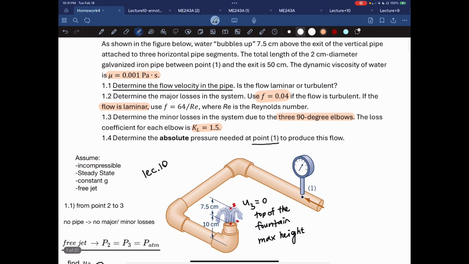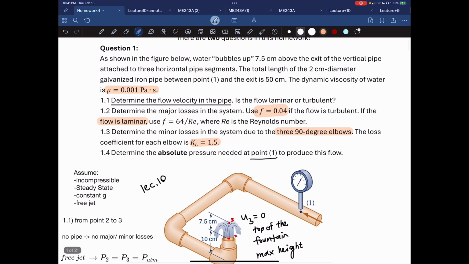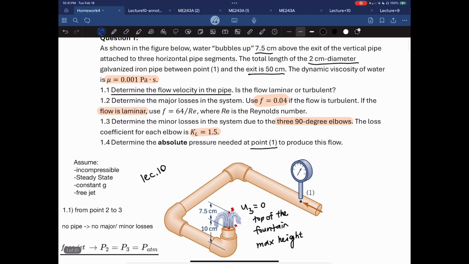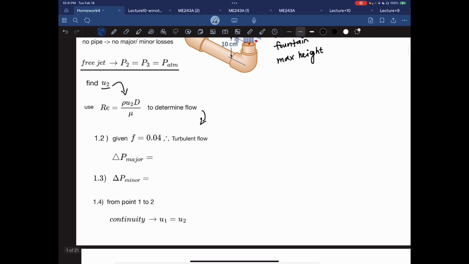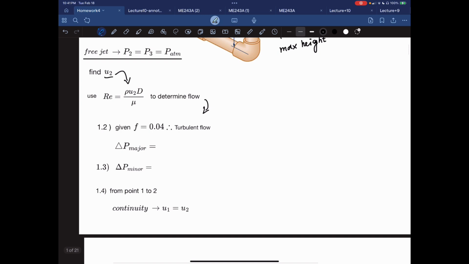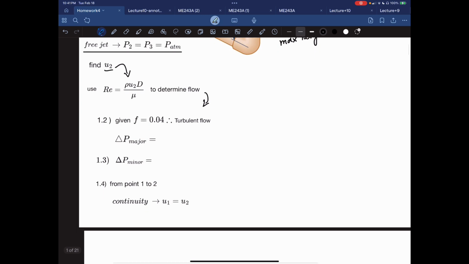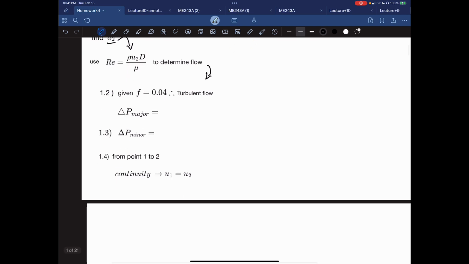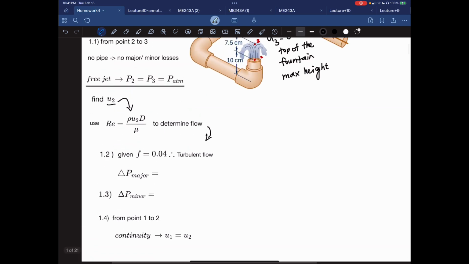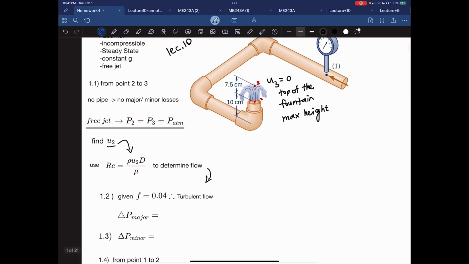Well, the rest is in the schematic, but I could underline. Okay, so this is a guide of how your problems should be, just to organize. So we will use the continuity concept for 1.4, where U1 equals U2. Okay, so let me know if you have any questions.